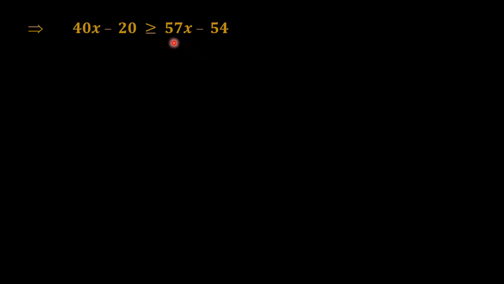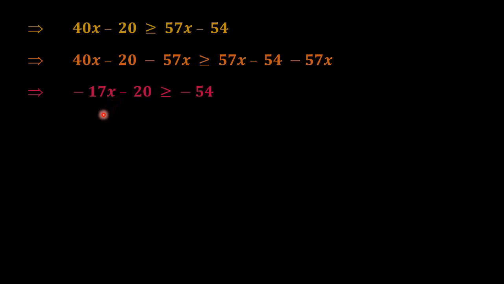So at first we try to eliminate this 57x by subtracting 57x from both the sides. So 40x minus 20 minus 57x greater than or equals to 57x minus 54 minus 57x. 40x minus 57x is minus 17x, then this minus 20 greater or equals to minus 54.